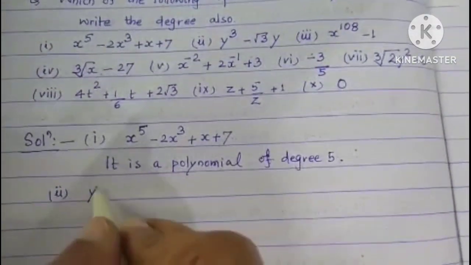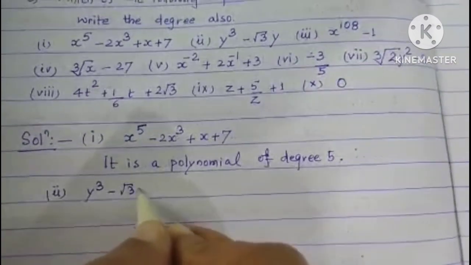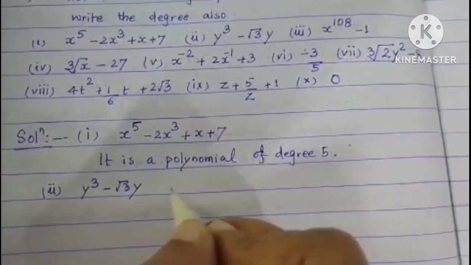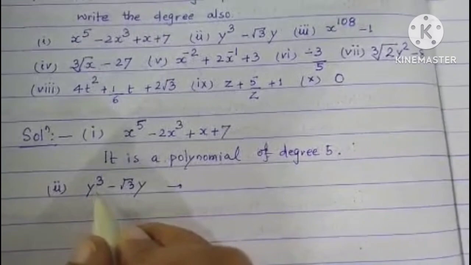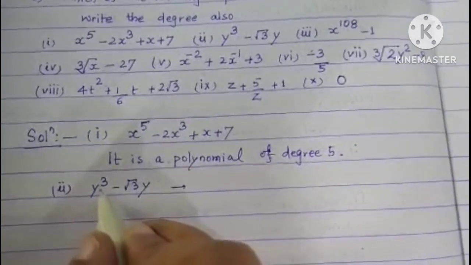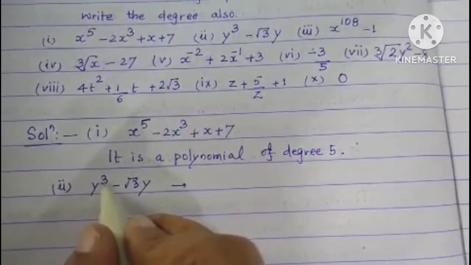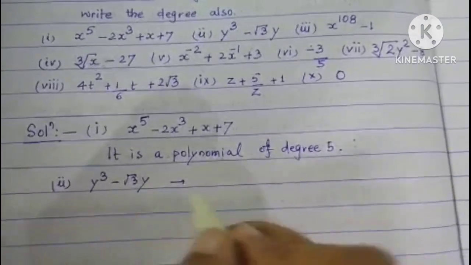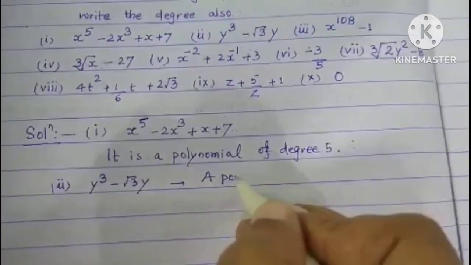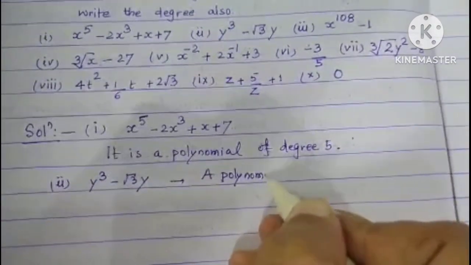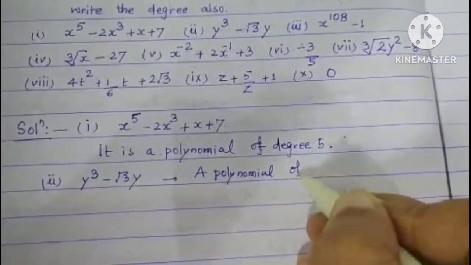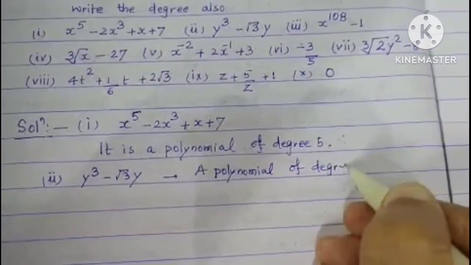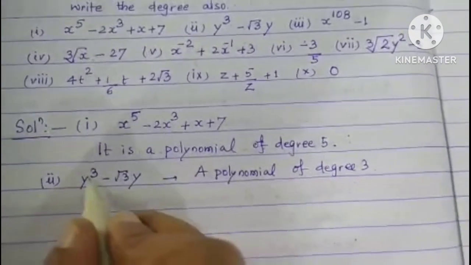Now let's do the second one. y cube minus root 3y. It is also a polynomial because the exponents of y are here 3 and here 1. So it is a polynomial of degree 3. The highest power is 3.